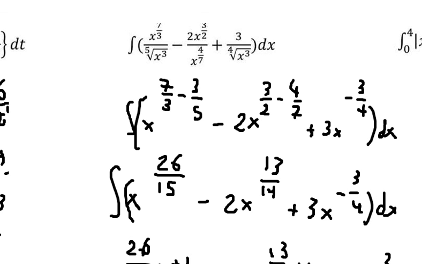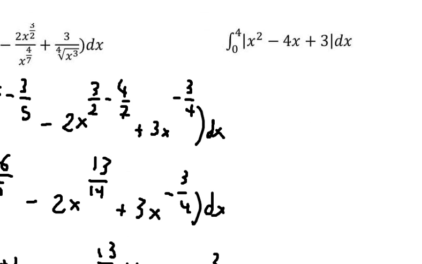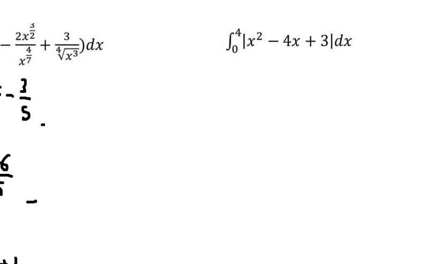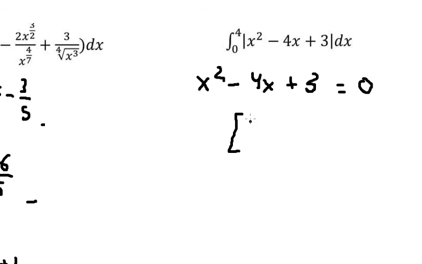Now we go to the last one. This one is about the absolute value. So we put about s squared minus 4s plus 3 equal to number 0. So we have two solutions.